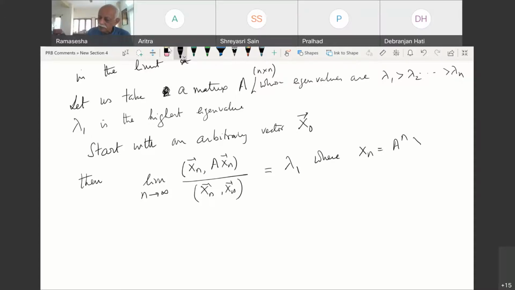Is that clear what I am saying? All I have done is I have taken a matrix A which is n by n, and I assume that it has eigenvalues lambda 1 greater than lambda 2 greater than and so on down to lambda n.